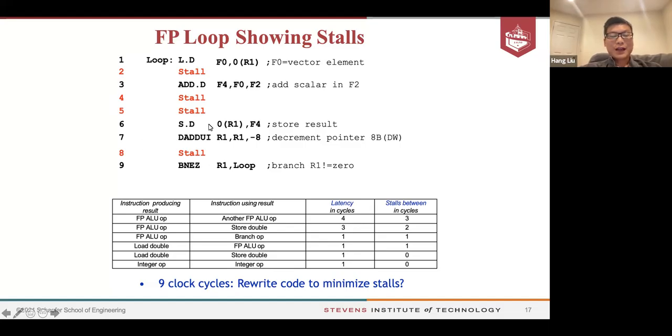Assume there's no structural hazard. We do not consider the branch hazard because we only consider the per-iteration cycles, so the hazard after the branch is not considered here. So we have a stall before the branch. In total, I have 9 cycles per iteration. Okay.